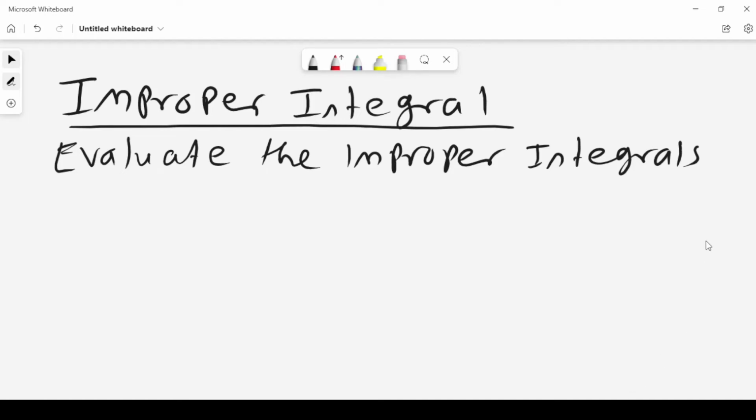Improper integrals. We want to evaluate improper integrals. One of the examples is to integrate from 1 to infinity dx over x squared.